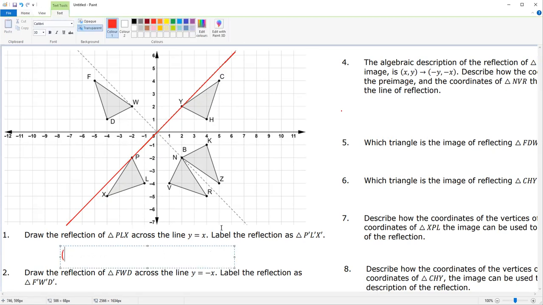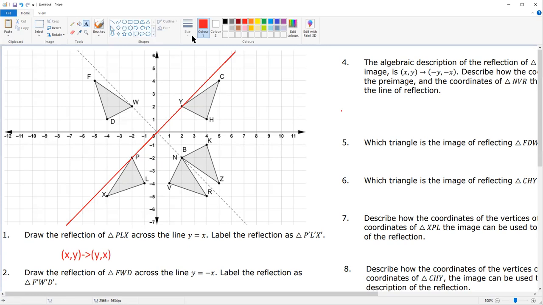So in this case, it's x comma y, like every other one does. And then the arrow, and then for a reflection across y equals x, it's going to be y comma x. That's as simple as it is: x turns into y and y turns into x.